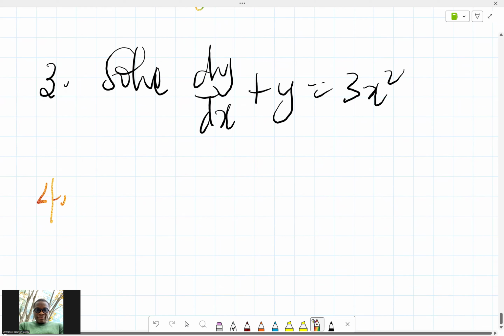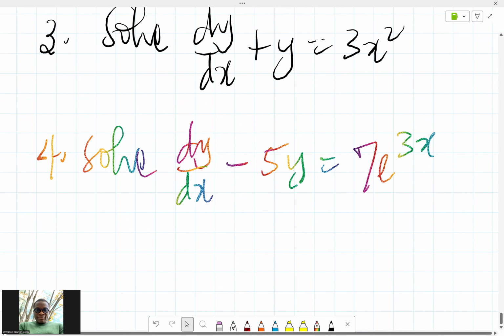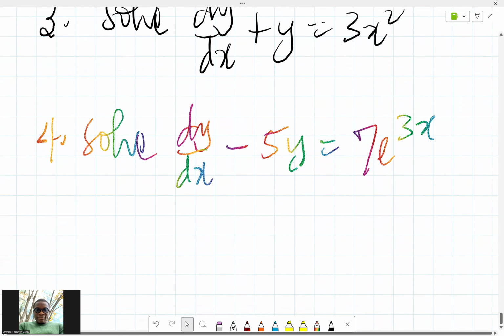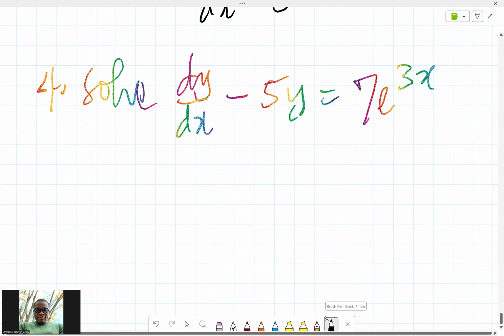Number 4, how about solve dy dx minus 5y equals 7e raised to power 3x. So P of x here is minus 5. Pay attention, it's minus 5, not just 5. And then Q of x is 7e raised to power 3x. Then question 5.